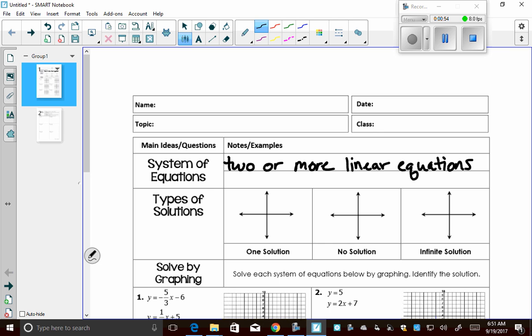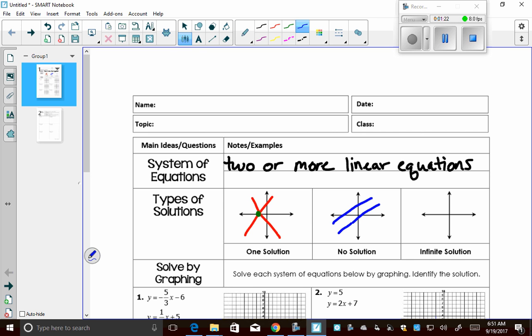The first one is one solution, which is where when you graph two linear lines, say I want to graph that one and that one, they only cross one time. So that is one solution. No solution is when you have two lines that never cross. So they're always going to be an equal distance apart.